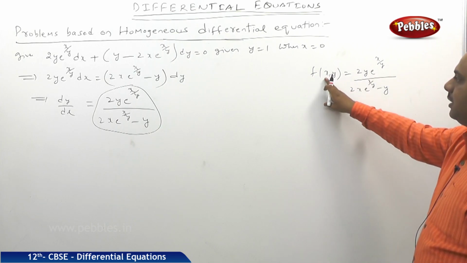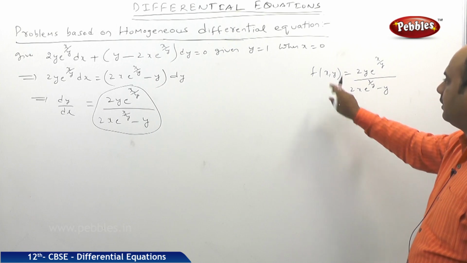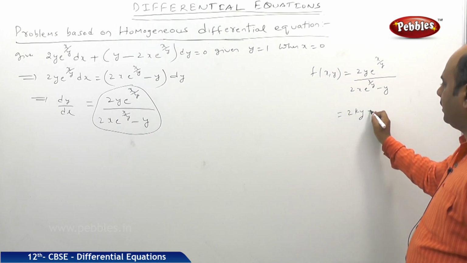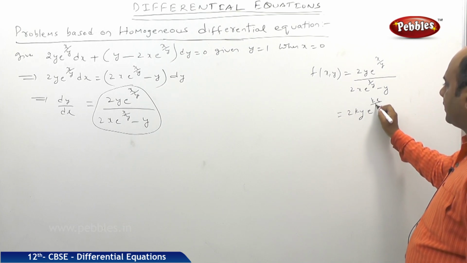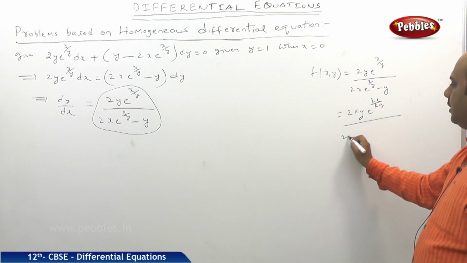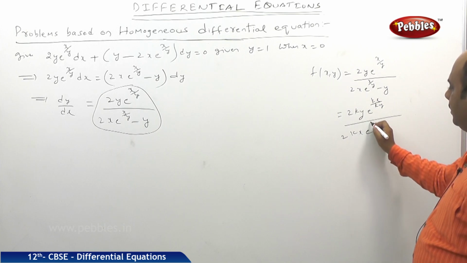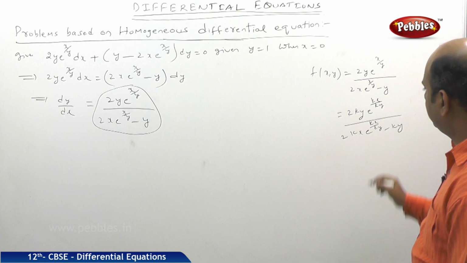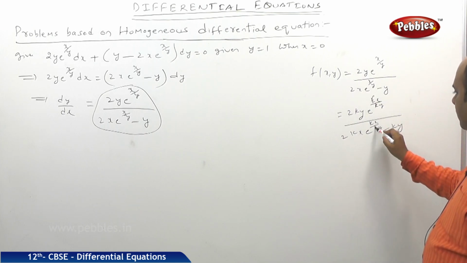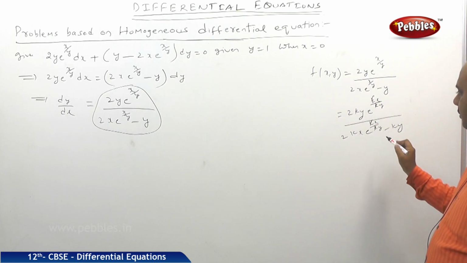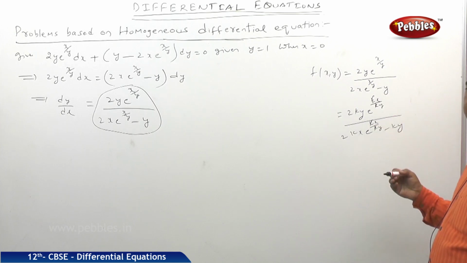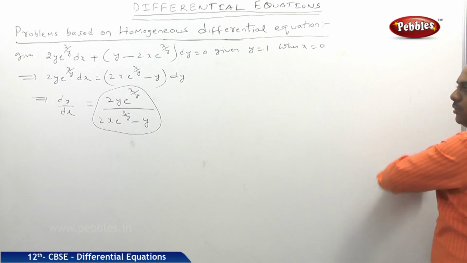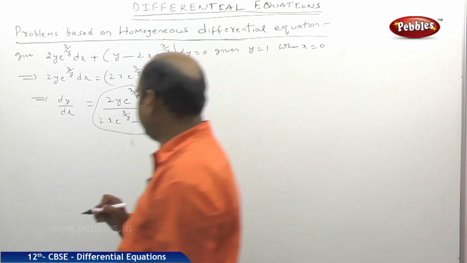So in place of x kx and in place of y ky, I will substitute. So what happens, 2ky e power kx by ky, and here also 2kx e power kx by ky minus ky. I think here k cancels, here also k cancels, k I can take common. So both k will be getting cancelled, both numerator as well as denominator. So definitely this is a homogeneous differential equation.